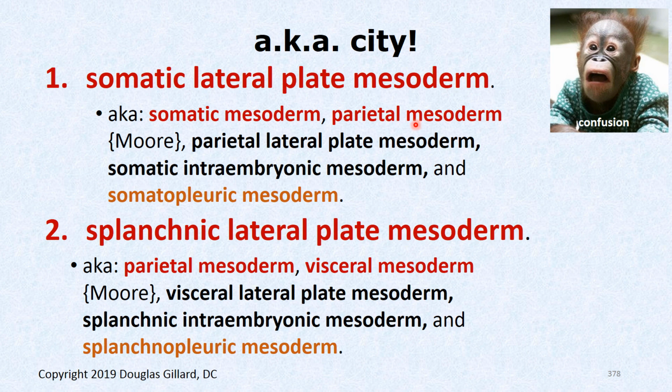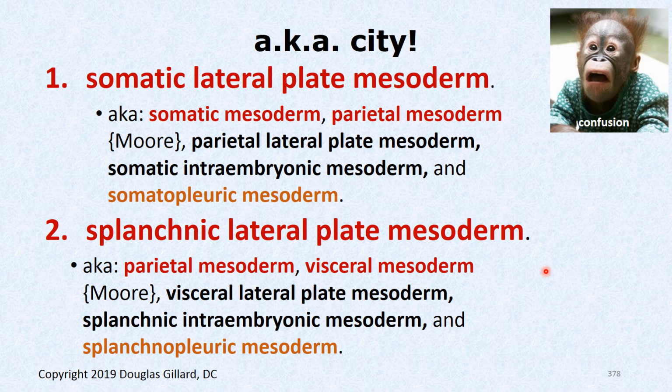mesoderm, and there's a reason for that, but I won't get into that. And Moore also calls it visceral mesoderm, as an a.k.a. for splanchnic mesoderm. Some call it parietal mesoderm. So, it drives you crazy. Makes your hair stand up when these authors can't get on the same page.